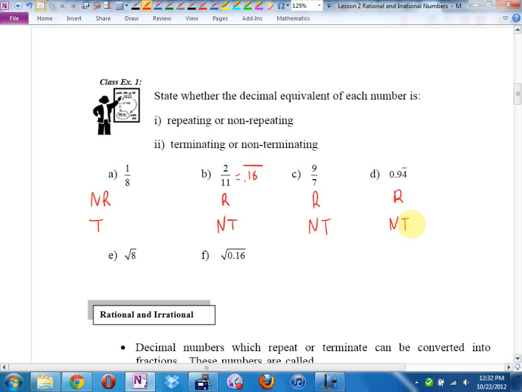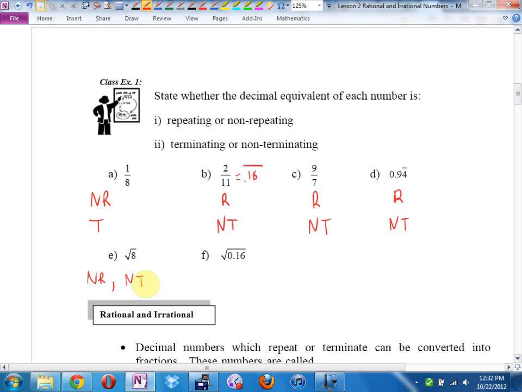What about root 8? What do you think, terminating or not? Mr. Duick, I noticed that root 2 that you did earlier was also one that didn't repeat and didn't terminate.